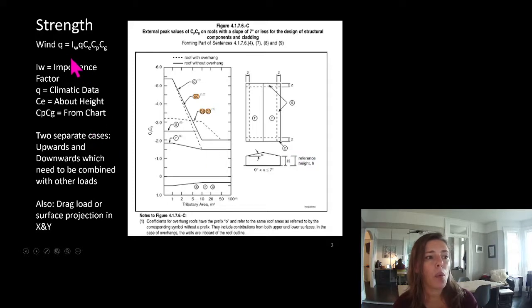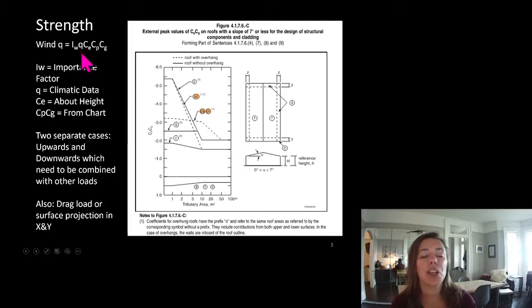So we all know that our wind equation is Q, or I guess that should be P. So for wind, I'm going to change that to, this is slide 3, P equals our wind pressure equals our importance factor for wind, and probably this is just regular. Very rarely would it be otherwise.